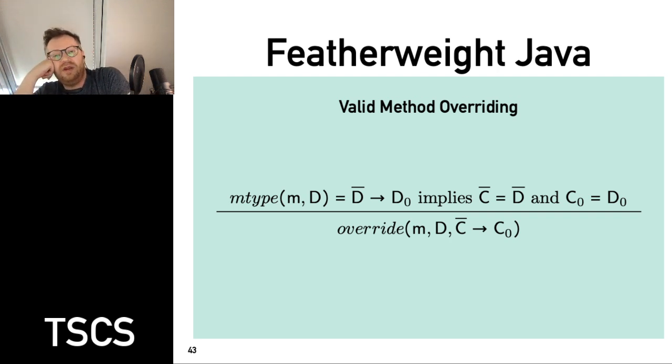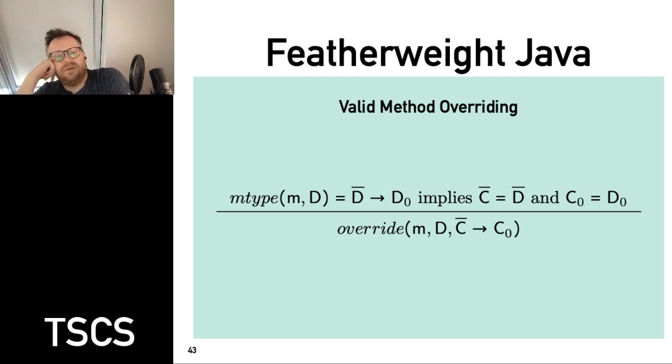For valid method overriding, we need an operator to check that. In order for something to be overridable, we have a method M in D that is overridden, where the C vector, with this new type, goes to C0.